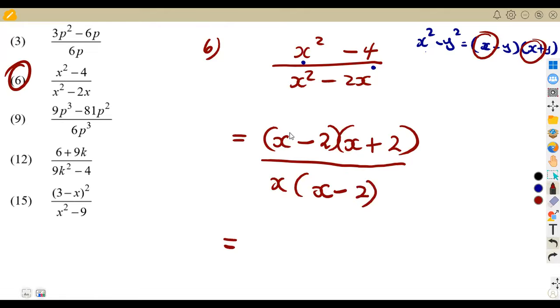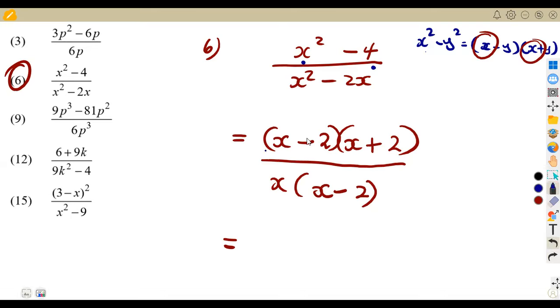So like I said, you can cancel as long as you have done your factorization, between the numerator and the denominator, whether it's a term or there are brackets which are the same. Whether you're dealing with a monomial, a single term, a binomial, or a normal trinomial, as long as they are the same.